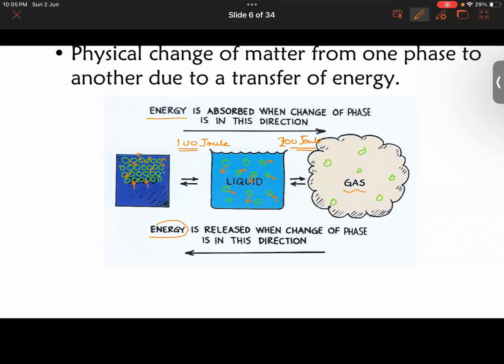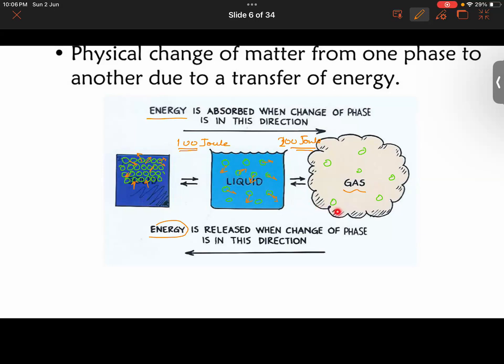Whenever it converts, the simple thing is, if you find it complex, simply understand: from solid to liquid, what you have to do is heat it. So energy is absorbed by it. From liquid to gas, energy is absorbed in this process also. While gas to liquid, the particles are having an excess amount of energy. The particles of gases are having more energy as compared to the particles of the liquid.